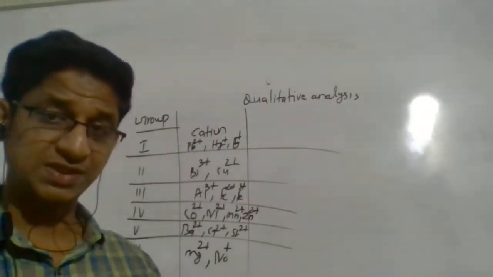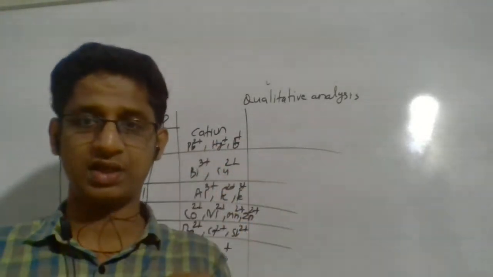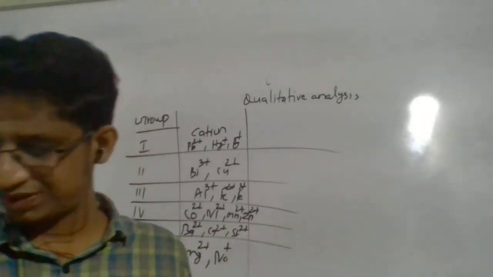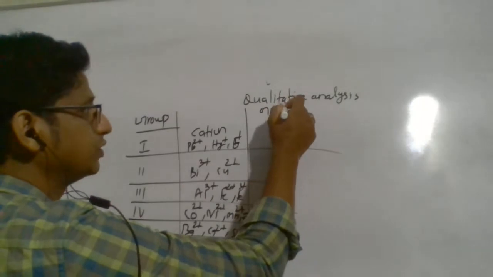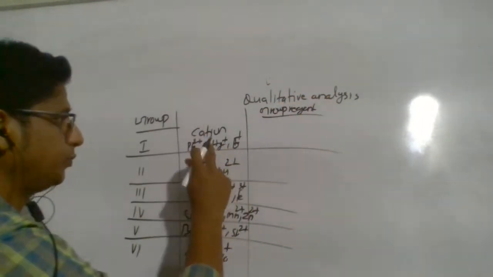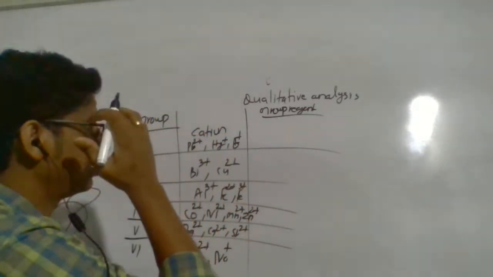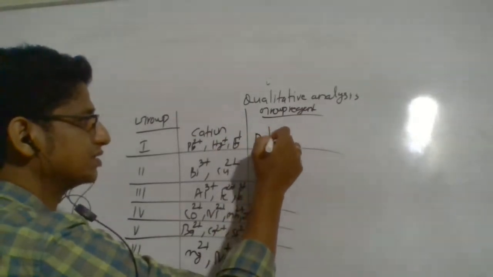Now there are specific reagents. To get a particular group we use a specific reagent to identify it as a group. For example, the group reagent. Group 1 cations will be precipitated using the reagent dilute HCl.